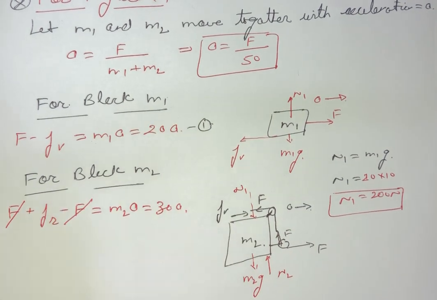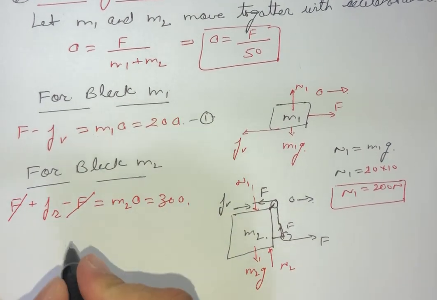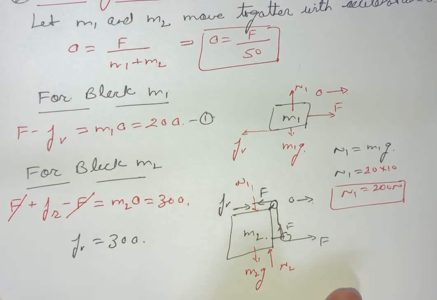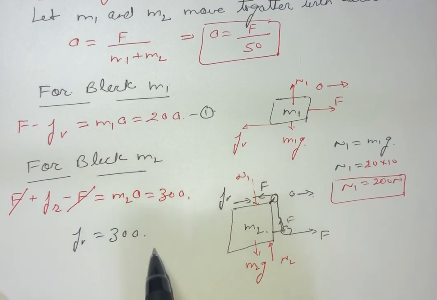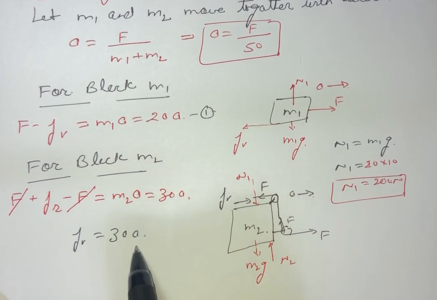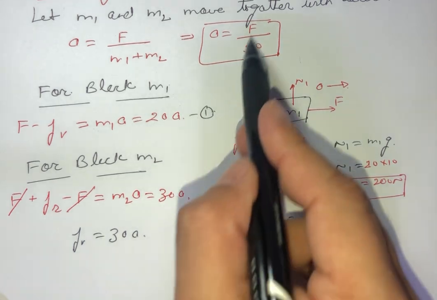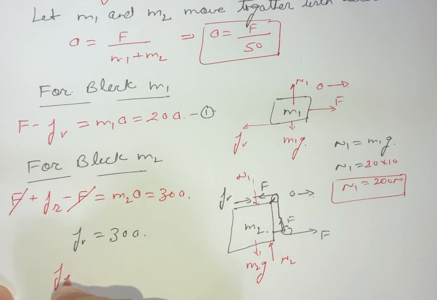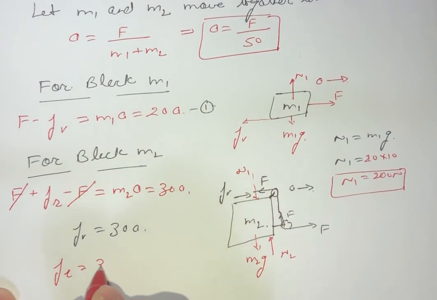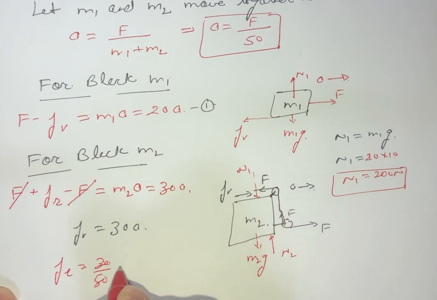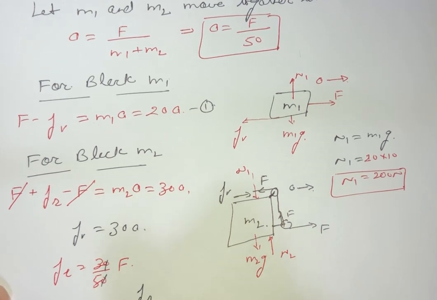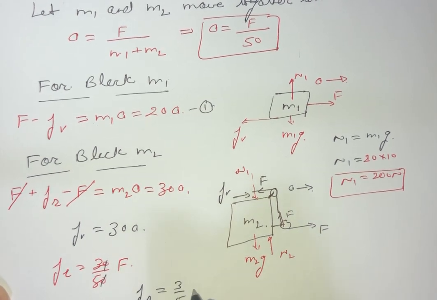F and F cancel out, so we get Fr equal to 30A. We already know the value of A, we substitute it here, and we get Fr equal to 30 divided by 50 multiplied by F. The zeros cancel out, so we get Fr is equal to 3 by 5 multiplied by F.